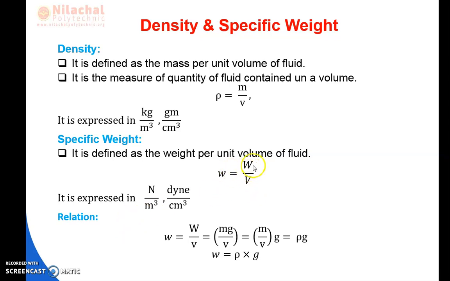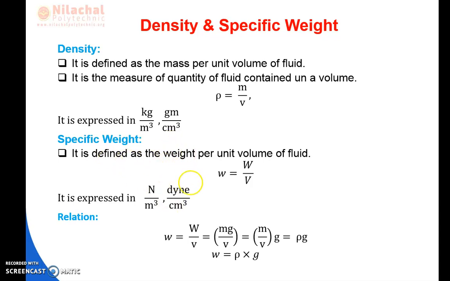Weight is a force and its unit is Newton, and for volume it is meter cube. So Newton per meter cube and Dyne per centimeter cube are the units of specific weight. It is denoted by the symbol small w.